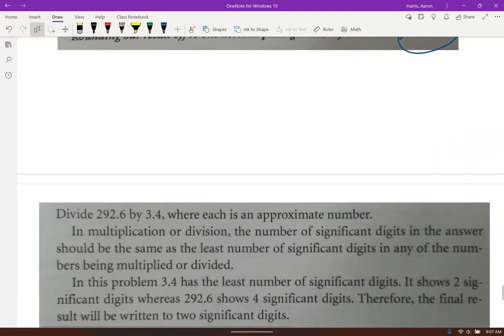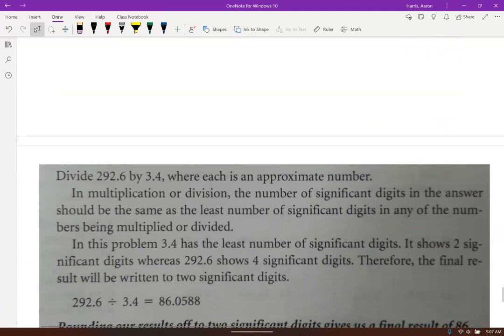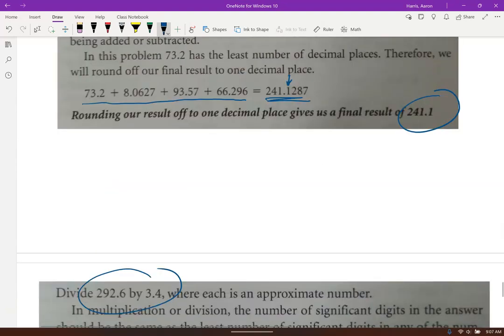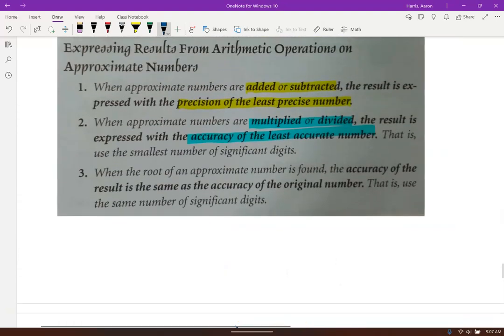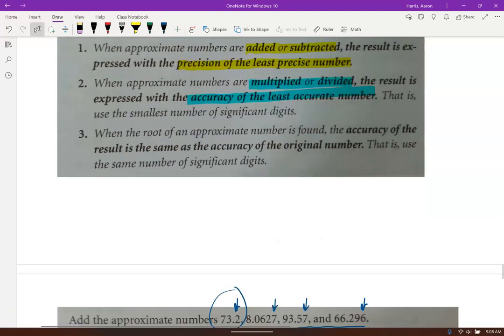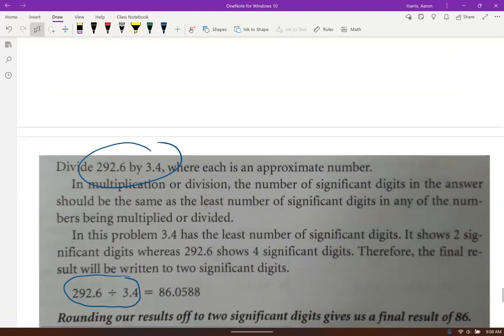All right, let's do another one. So let's say we are dividing. So we're taking 292.6 divided by 3.4. And if you remember with multiplication, you go to the accuracy of the least accurate. Well, accuracy is the number of significant digits. This has 4 significant digits.